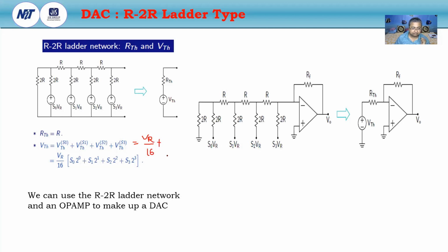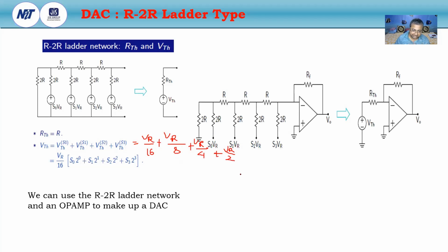Now put S1 is 1. What is the value? Now VR by 8. When S2 is 1, we will get VR by 4. When S3 is 1, now VR by 2.